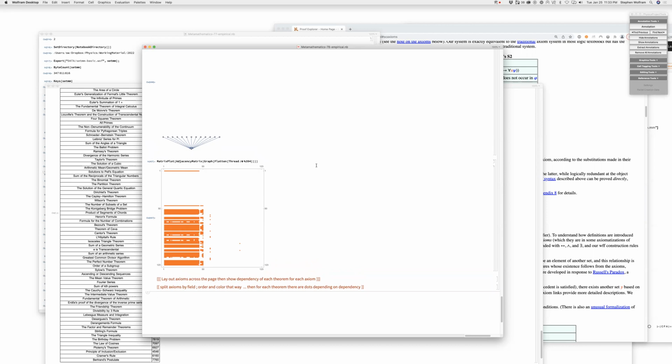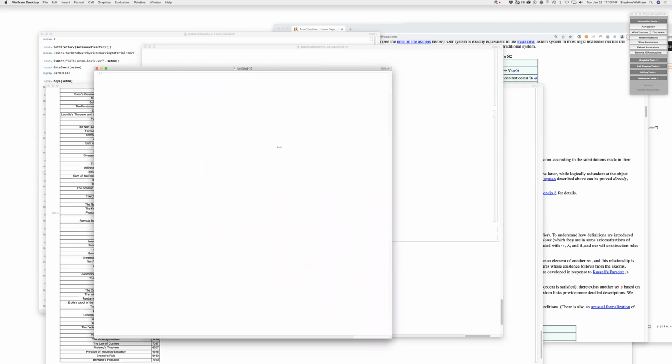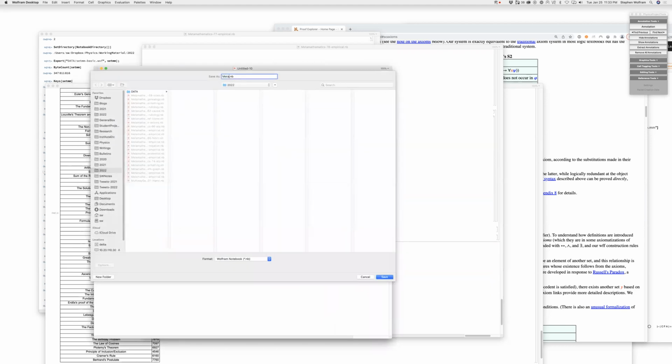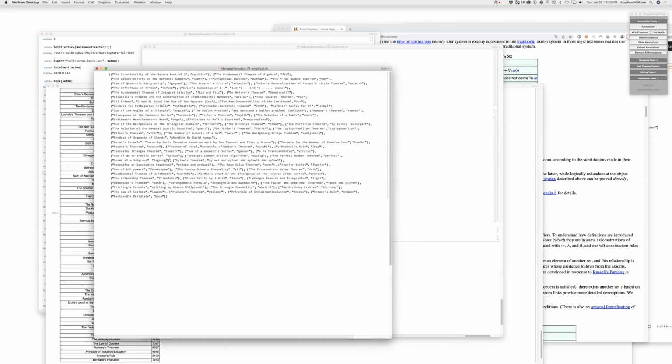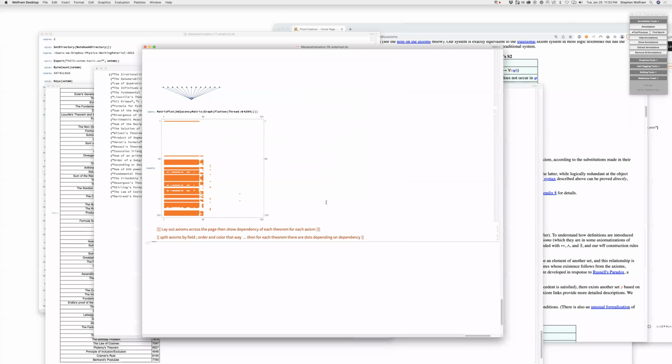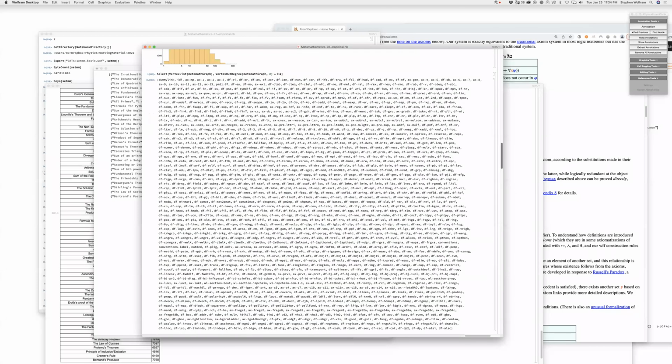Maybe we should make yet another one. Okay, so here are the famous theorems. And now let's just copy over the stuff from the top here.